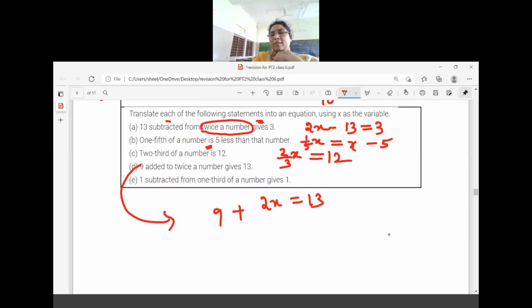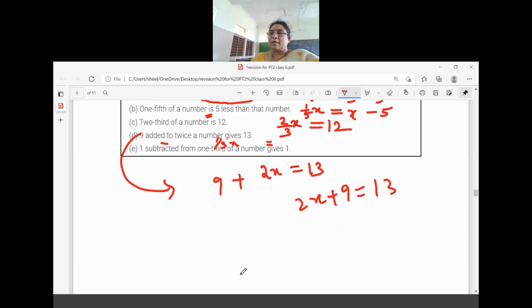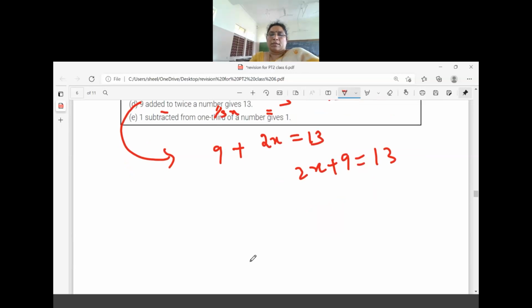So how to write? 2x plus 9 equal to 13, like that. The last one: 1 subtracted, minus. 1/3 of a number minus 1 gives 1. So 1 by 3 of the number should be written first. 1 by 3x minus 1 equal to 1.